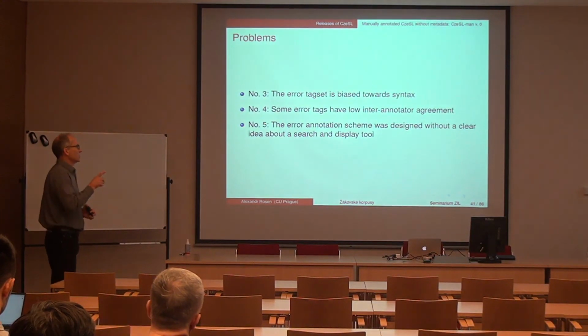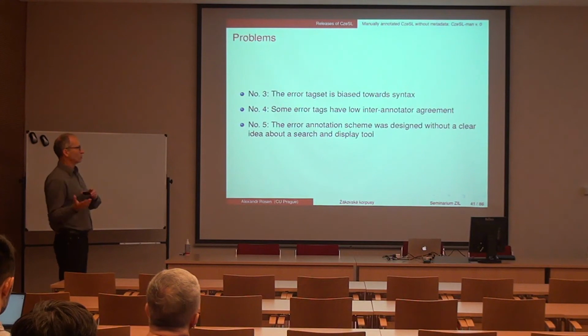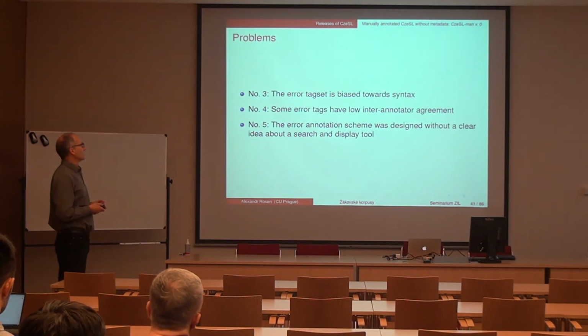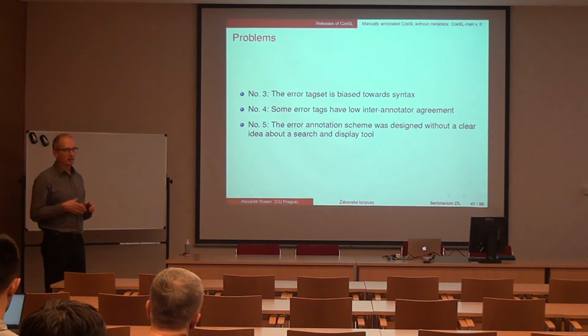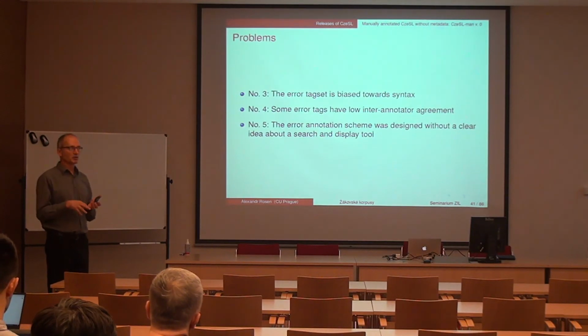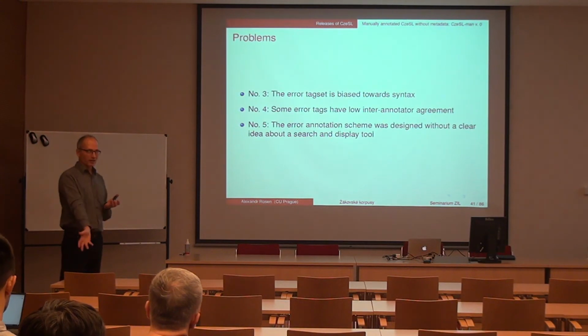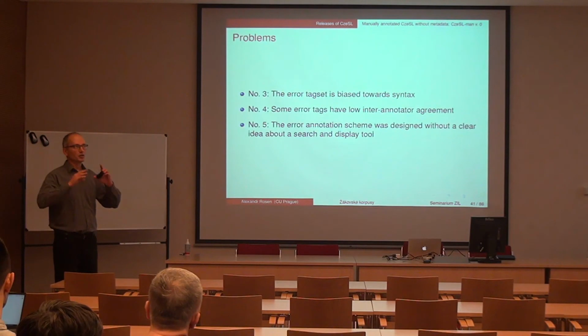So problems. It's biased towards syntax. Maybe you want something else, morphology or something even more abstract than syntax. Some error tags, of course, have low inter-annotator agreement, like lexical errors. Some annotators decided that it's okay like it is, because they were given the instruction to correct as minimally as possible.